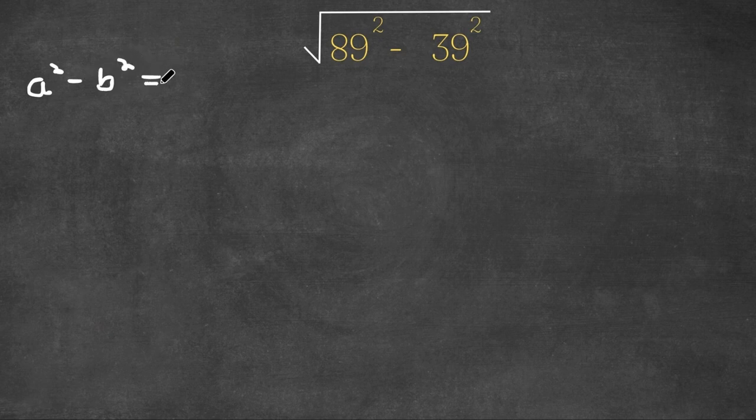this is equal to a plus b times a minus b. So now we could simply plug in these values for a and b, and this would make it much simpler to solve.